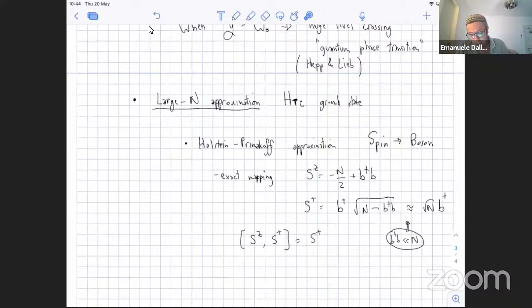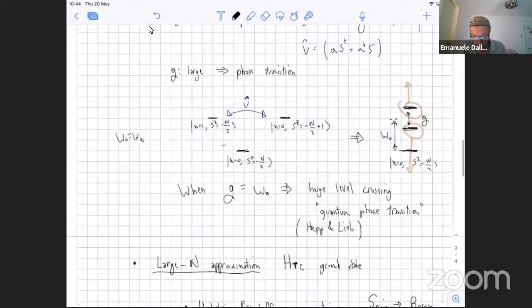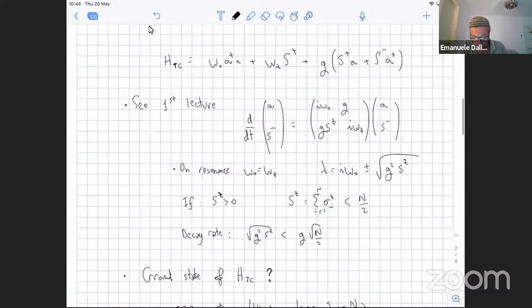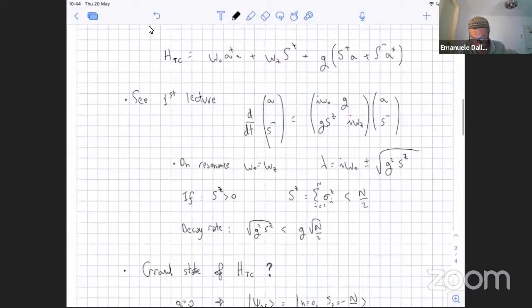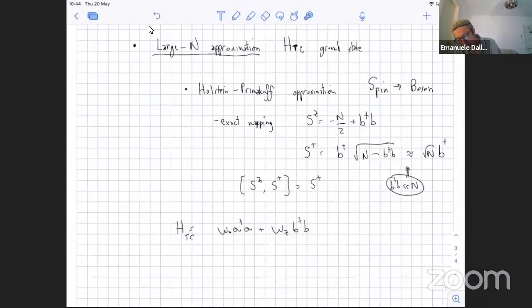Once you do that, what happens to the Tavis-Cummings model? It will become omega 0 a dagger a. Here nothing happens. Plus omega z b dagger b. Actually, let me see. I just have sigma z as minus n over 2 plus b dagger b.